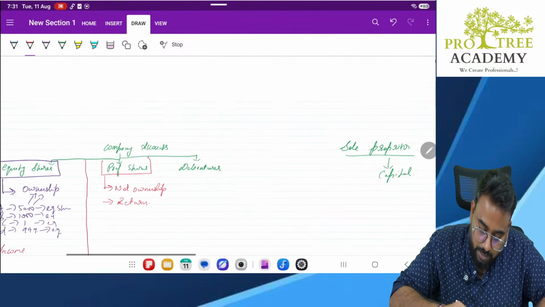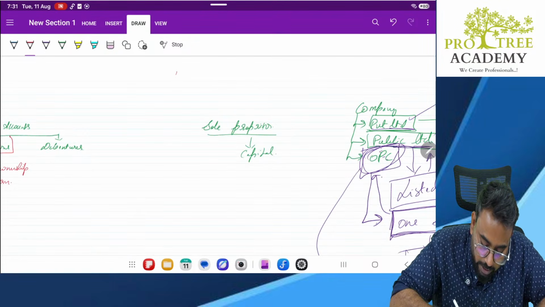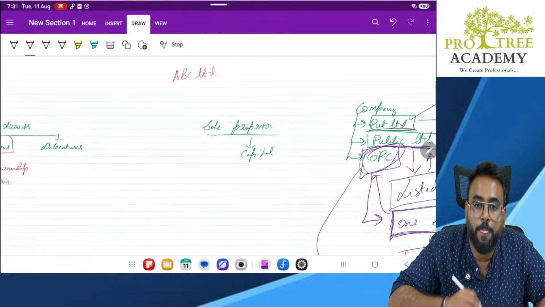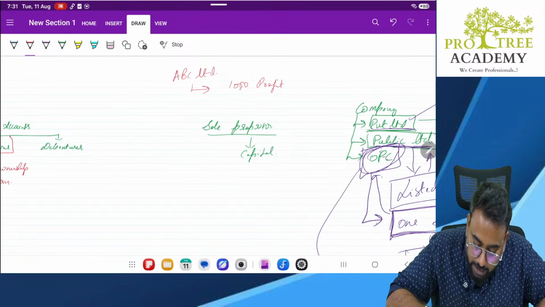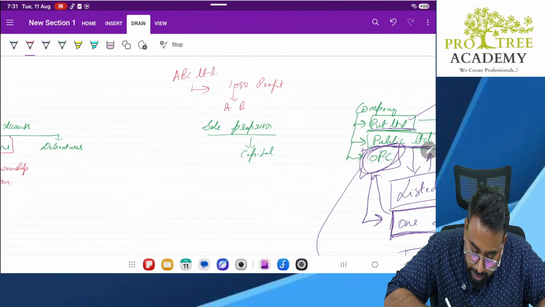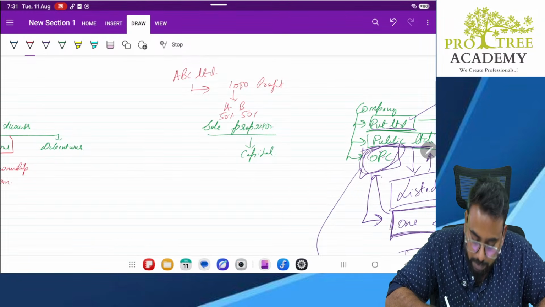What is dividend? Suppose you invested in company ABC Limited, and now ABC Limited has made, for example, 1,000 rupees profit. This profit has to be distributed between two shareholders, A and B. A holds 50%, B holds 50%.